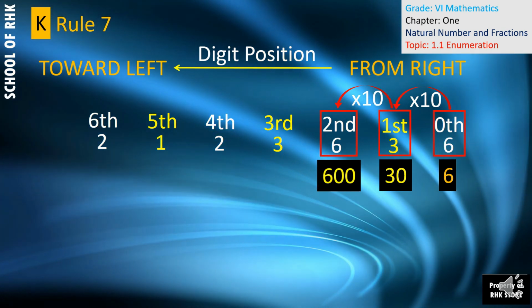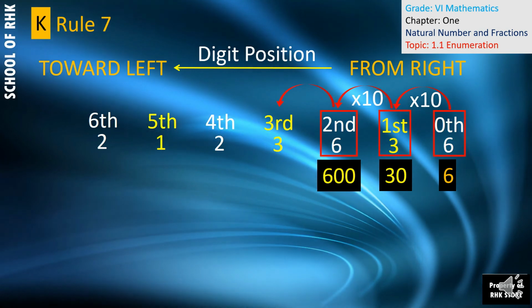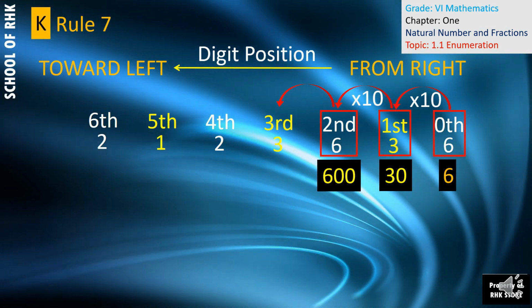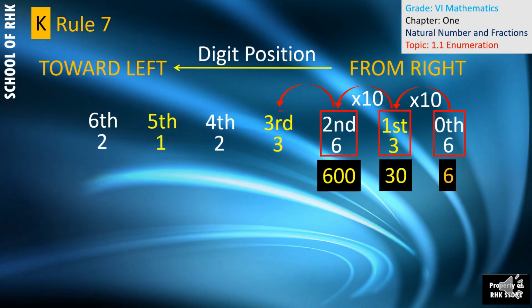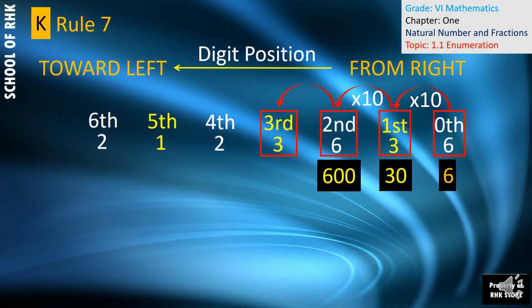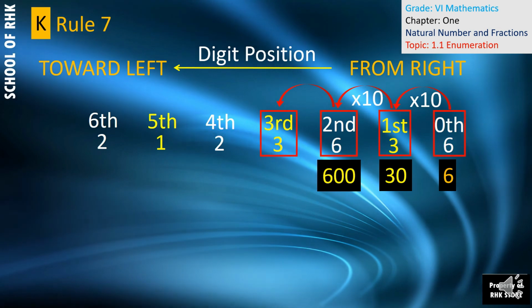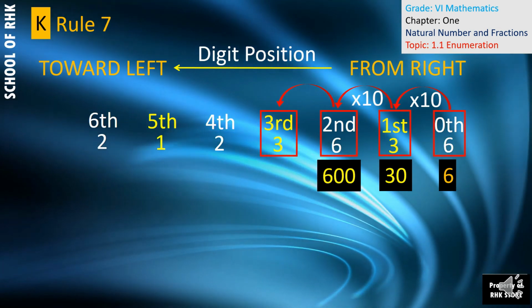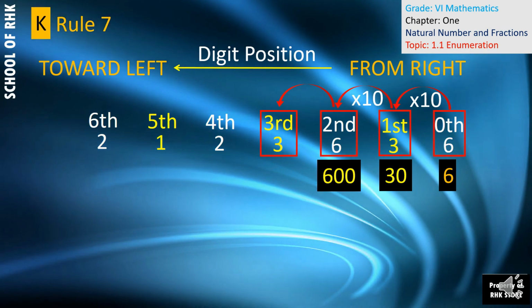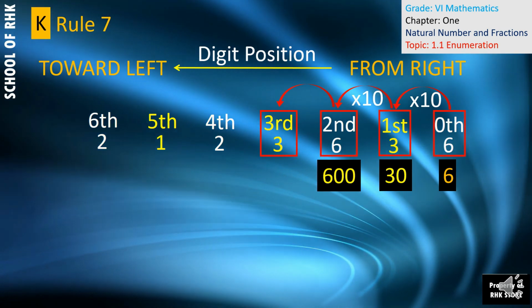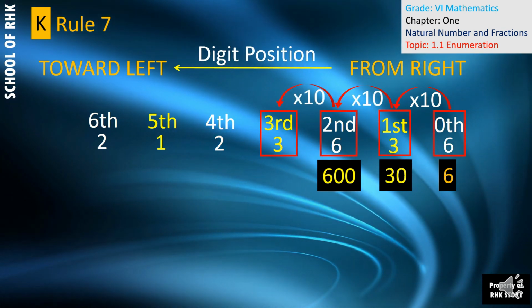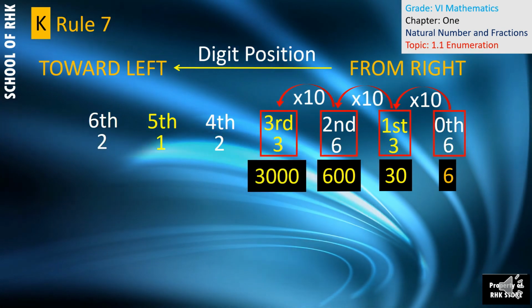The third digit on the left is 3 considering the 0th position. The third position digit 3 will have its intrinsic value 3, but due to the third position, the place value will be 3 multiplied by 10 multiplied by 10 multiplied by 10 equal to 3000.